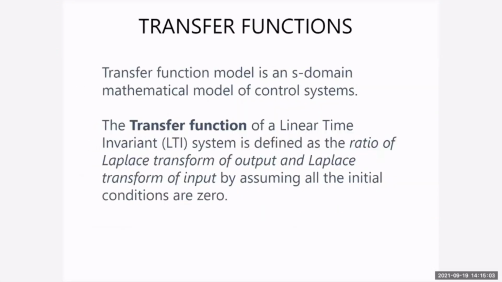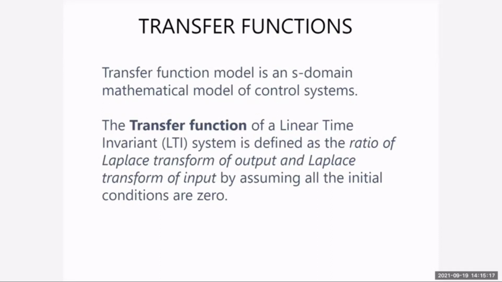So the transfer function. The transfer function of a linear time invariant system, or what we call LTI, can be defined as the ratio of the Laplace transform of the output and the Laplace transform of the input, assuming all the initial conditions are 0.